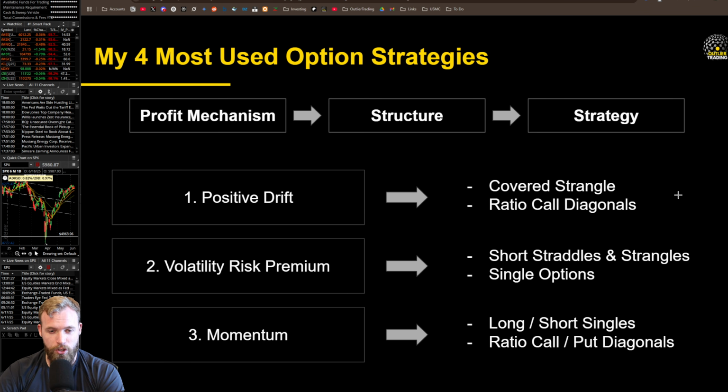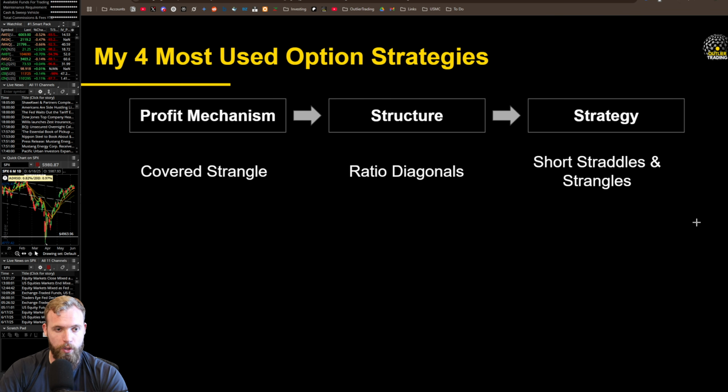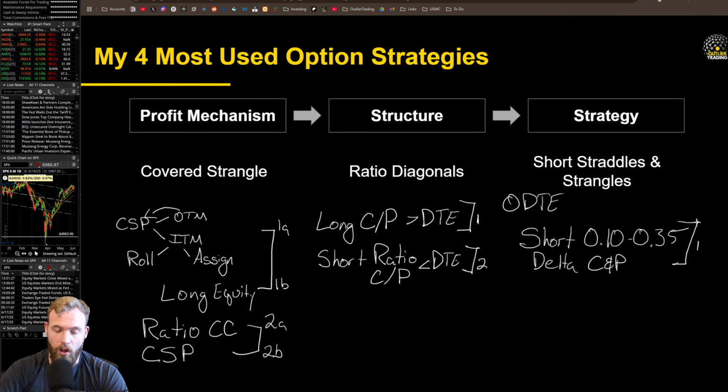I'm typically going to use short strangles. Typically, I'll use straddles, but typically short strangles, and sometimes I'll even add the wings. Then for momentum, I'm typically going to trade a ratio diagonal that I eventually might add the short option. I very rarely will add the short option component up front. And again, I'll show you what all of these actually are.